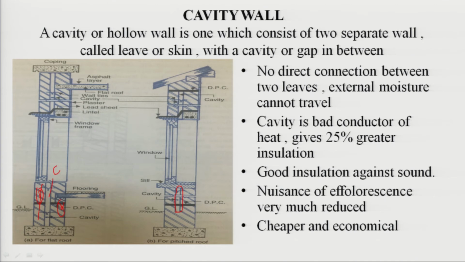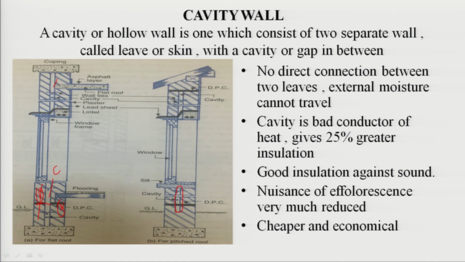In the upper portion also there is a cavity between two walls. At this level the DPC is also provided, above the plinth level, above the ground level. So, this is the cavity.